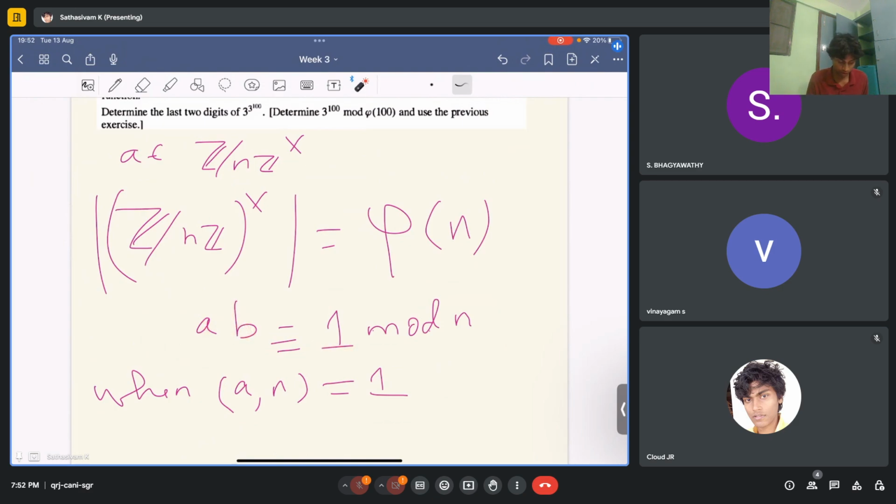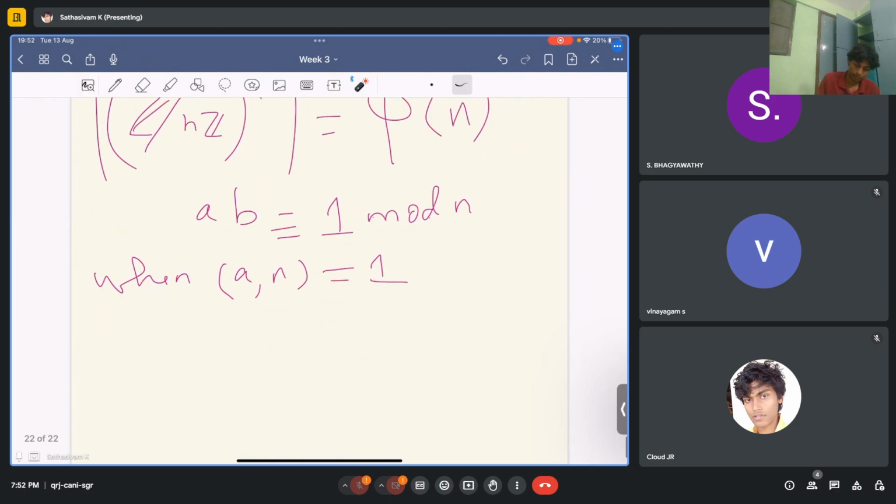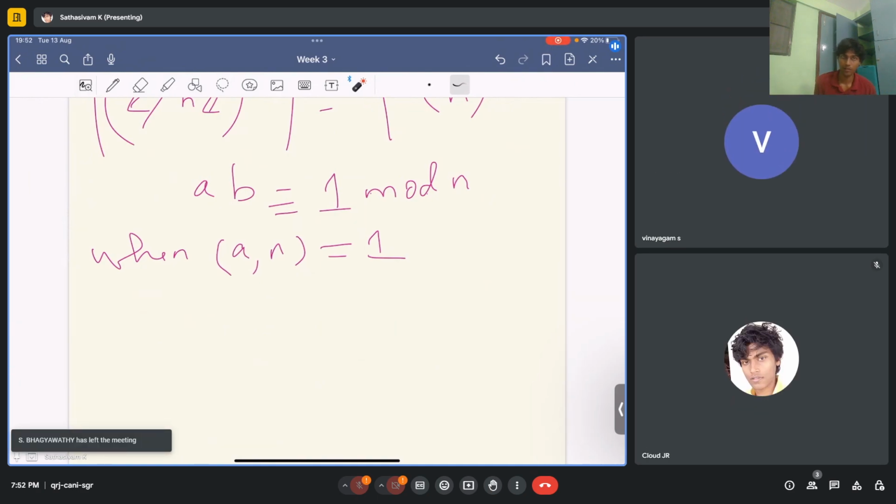It comes from number theory that it is equal to 1 provided a and n are co-prime. If these are co-prime, then you can write a b. So maybe if you want, I can just directly write the proof. Should I write the proof or not, or just assume it? Okay, maybe I will just write the proof.